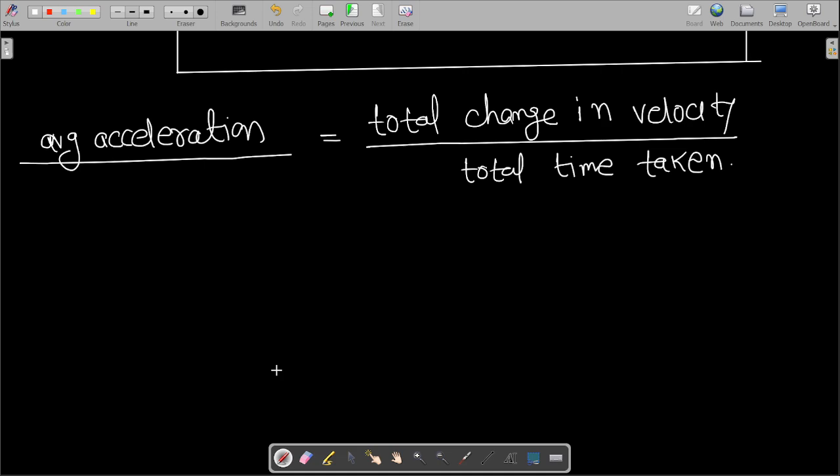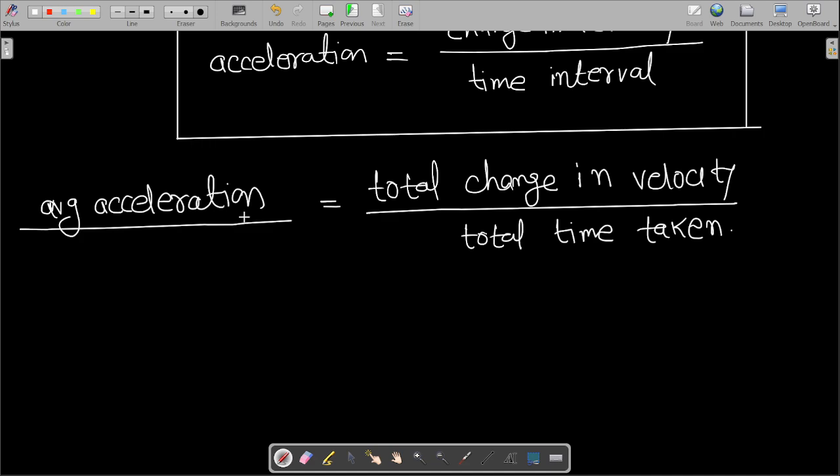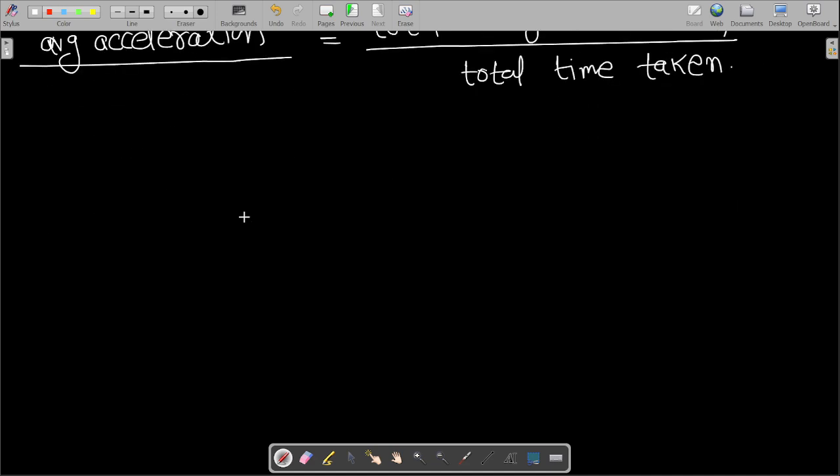Now, before starting kinematics, there are some formulas. I hope you already heard about this. Let me write it. That is called equations of motion.